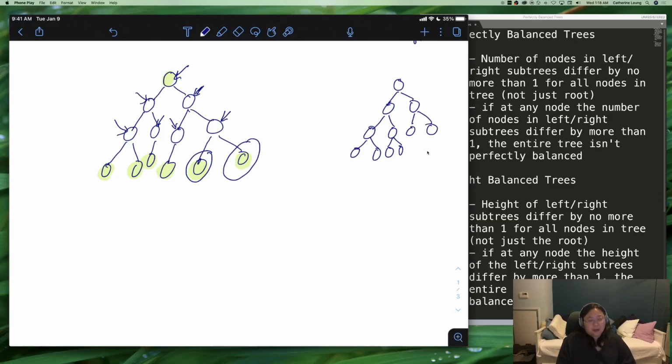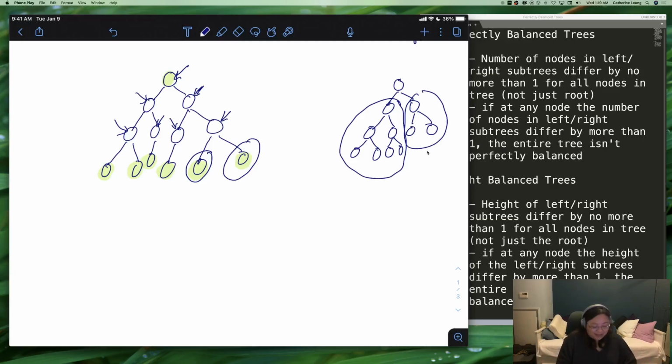And yet this tree is not perfectly balanced. If I take a look right at the root, the number of nodes on the left-hand side is 7 and the number of nodes on the right-hand side is 3. So even though this is a really good tree, and if you got a tree that looks like this you should be happy, it's still considered not perfectly balanced. Well, yeah, it is good, but it's not perfectly balanced.